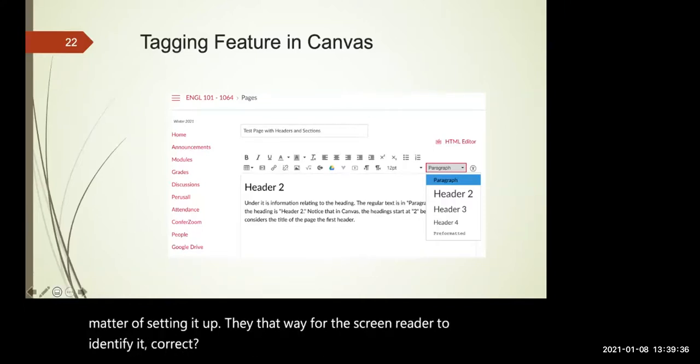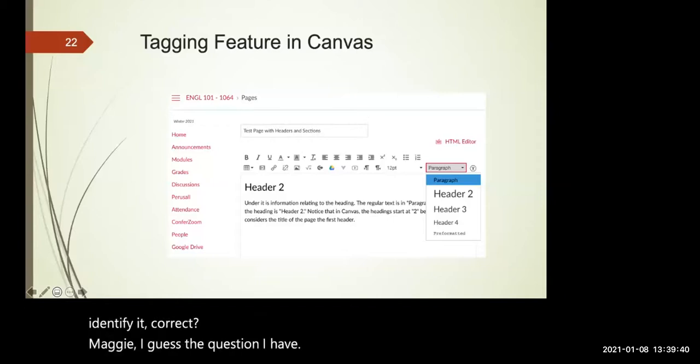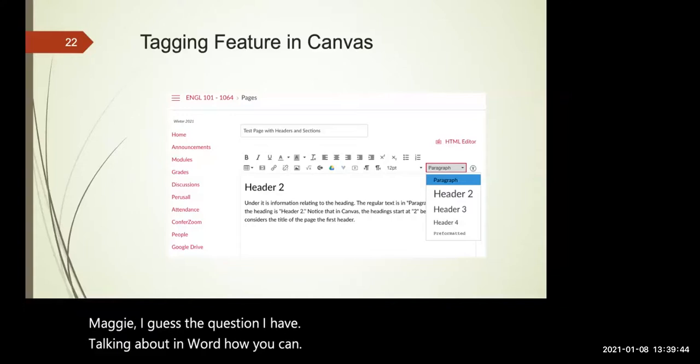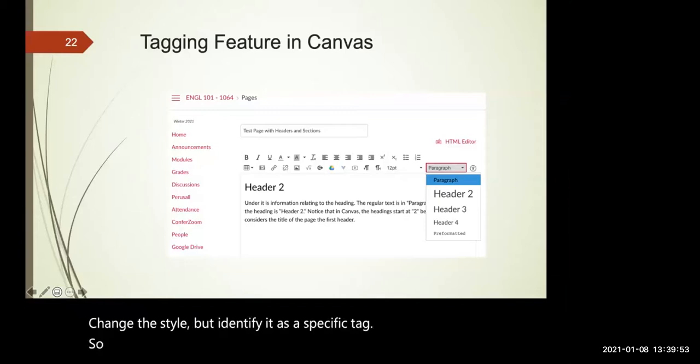Maggie, the question I have, when you were talking about in Word, how you can change the style but identify it as a specific tag. For example, what if I wanted my document to have all the titles or header 1s be bold and blue?